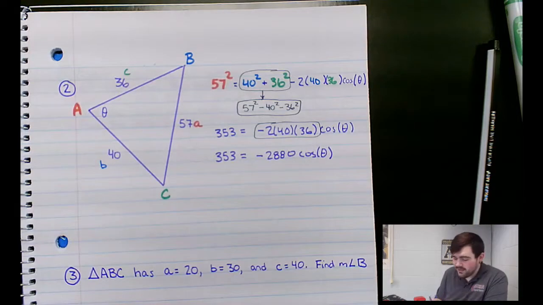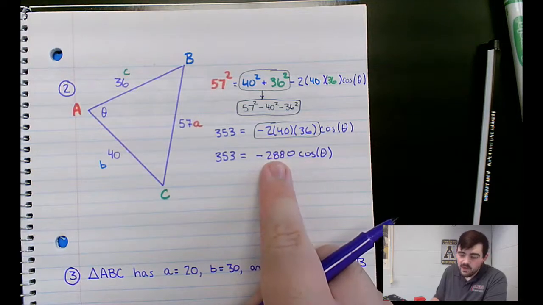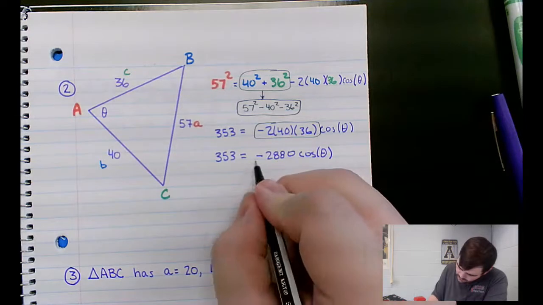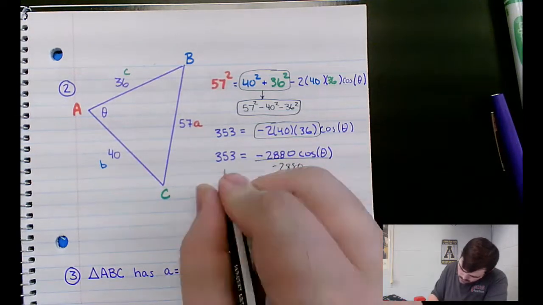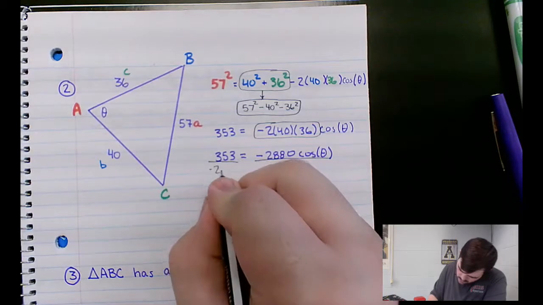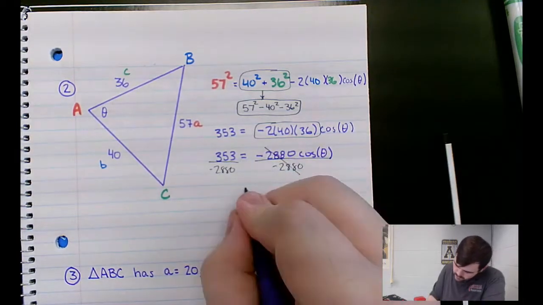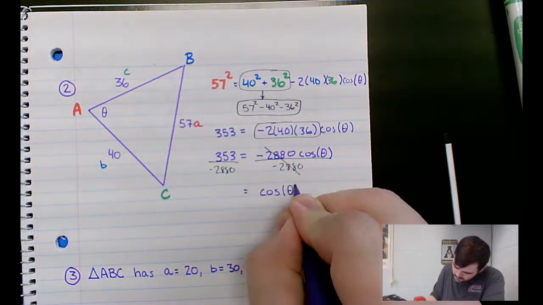Now, I got to get the cosine by itself before I can get rid of the cosine. To do that, I'm going to have to divide both sides by negative 2880, excuse me. On the right side of my equation, that will just leave me with the cosine of theta.